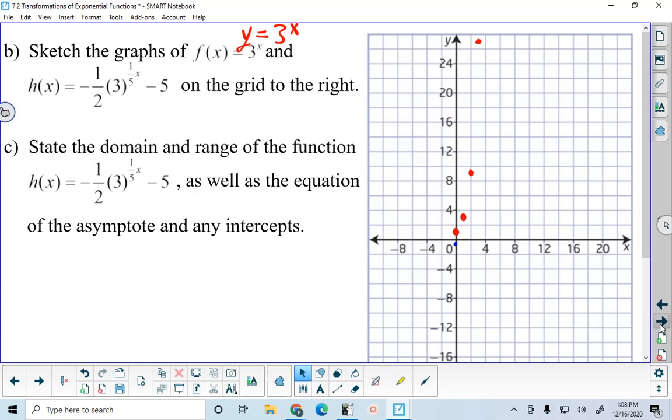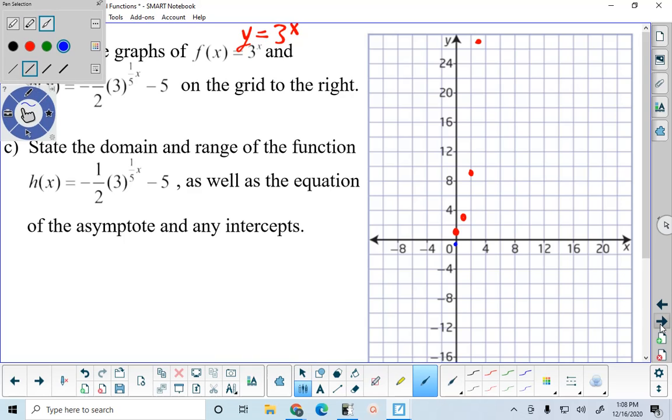Okay, so I'm going to stop there and talk about the downward shift of 5. If the asymptote of 3 to the x is here, then when I shift everything down 5, eventually the asymptote will be at -5.